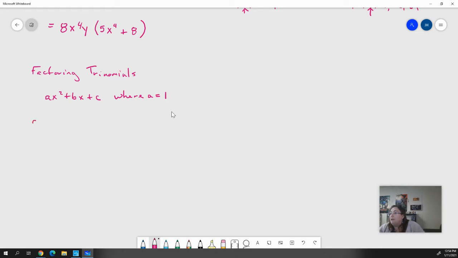So if I have ax squared plus bx plus c, I know that my factors are all going to be positive. I'm going to have x plus something times x plus something else. If I have ax squared minus bx plus c, I know that my factors are going to be x minus something, x minus something else.